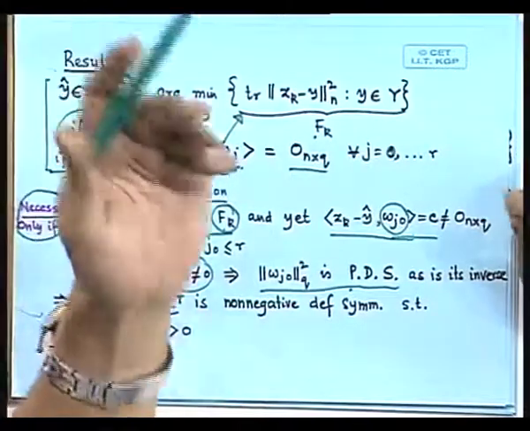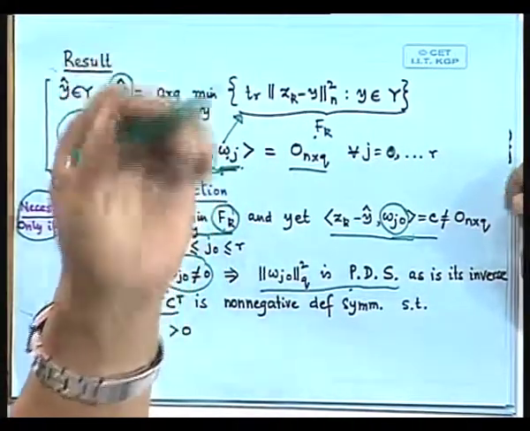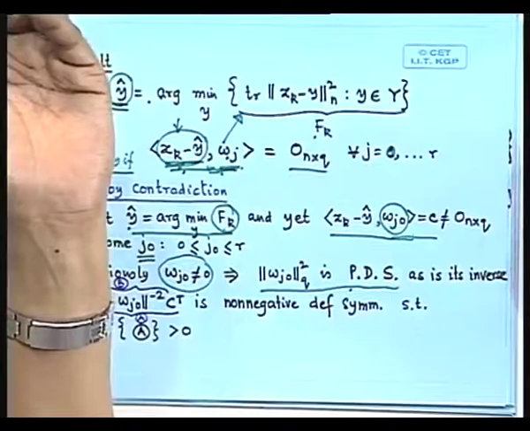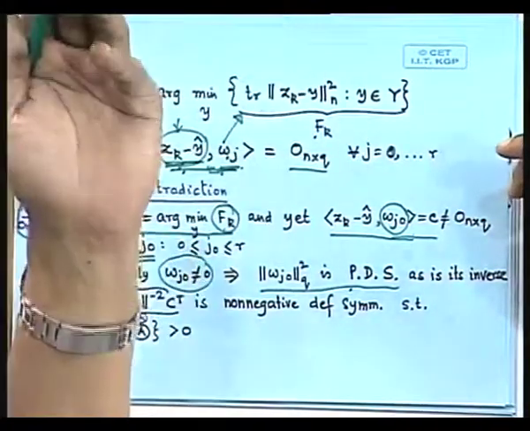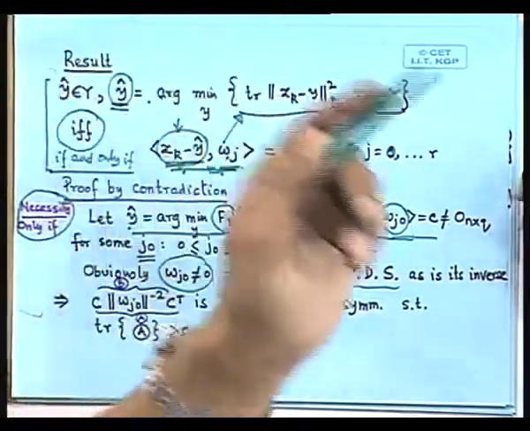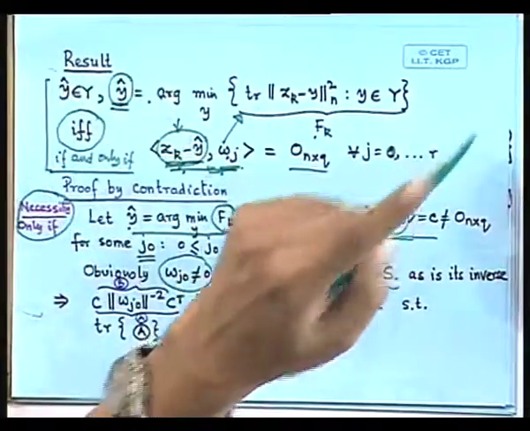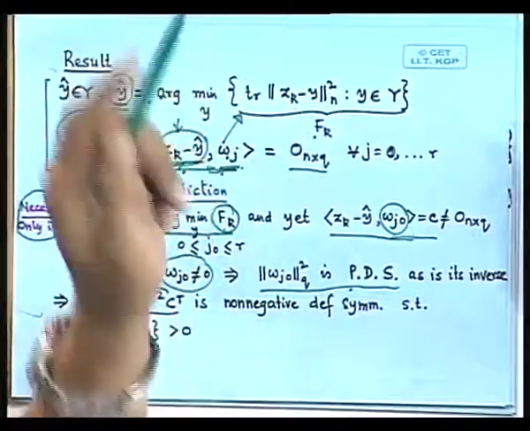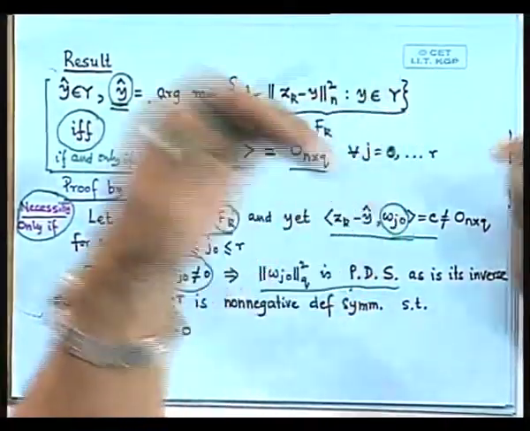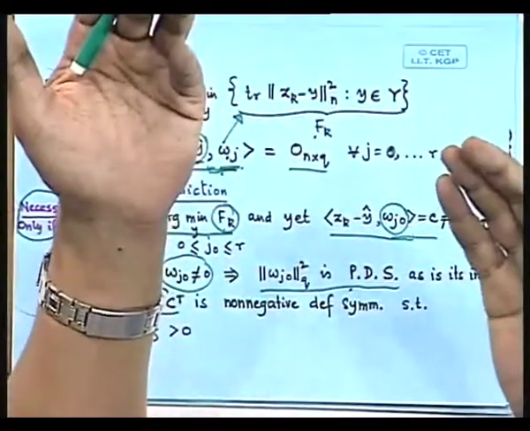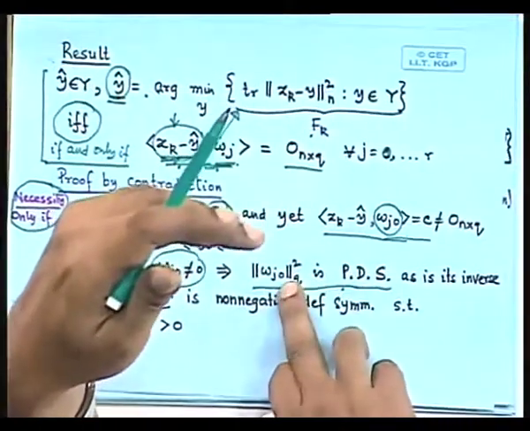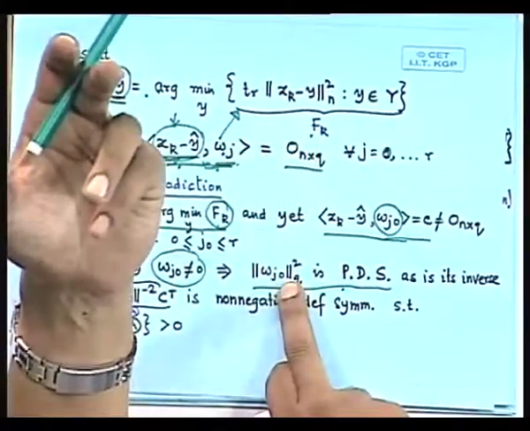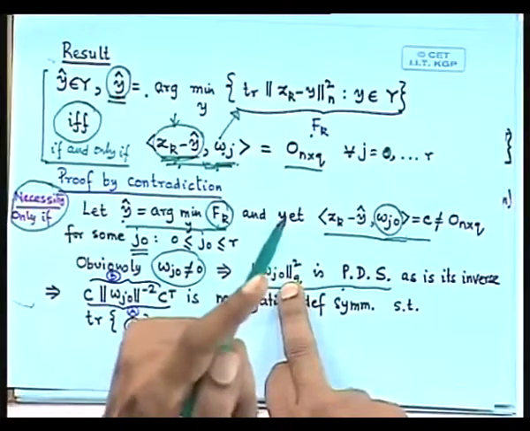Why? Because of the u d u transpose factorization. You can always invert it. If you have a u d u transpose factorization and you invert it, you will get u inverse transpose, then d inverse, then u inverse. So if you invert this matrix, you get another u d u transpose factorization with the d matrix now as d inverse.